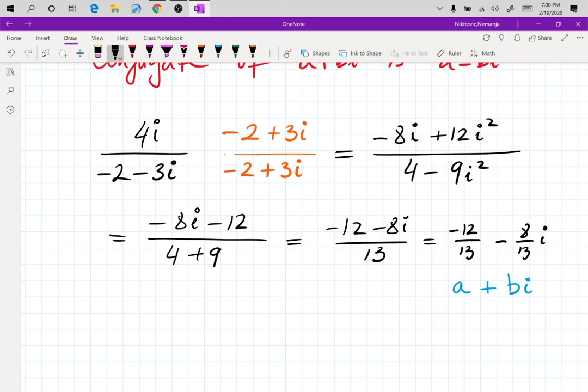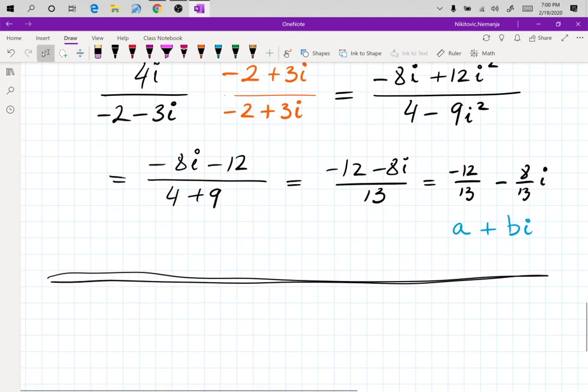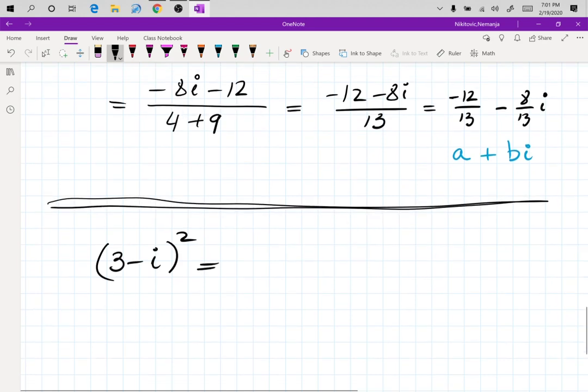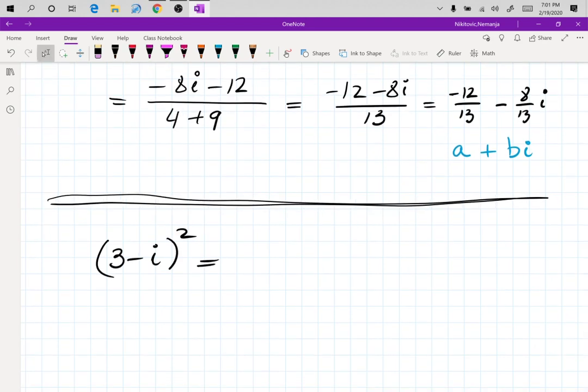Now the much easier problem, and the last problem that we cover, is squaring a complex number. So you want to square a complex number, so you have here 3 minus i squared. How would you square a complex number? You multiply it by itself. Yes, very good.